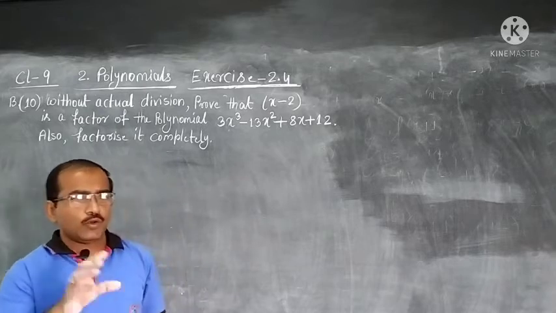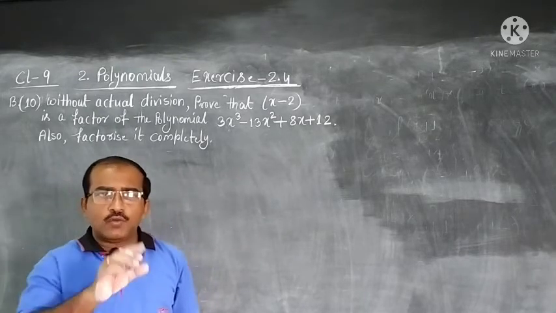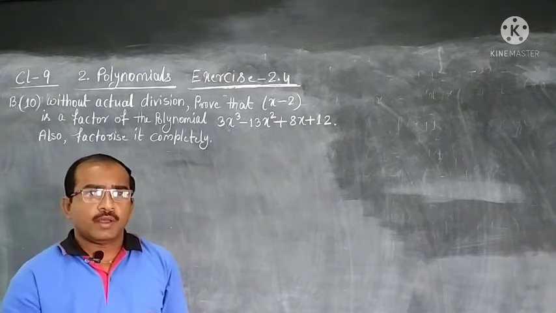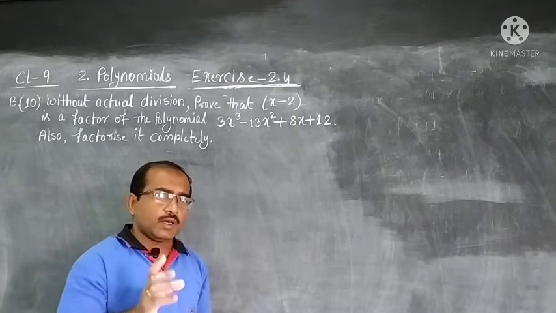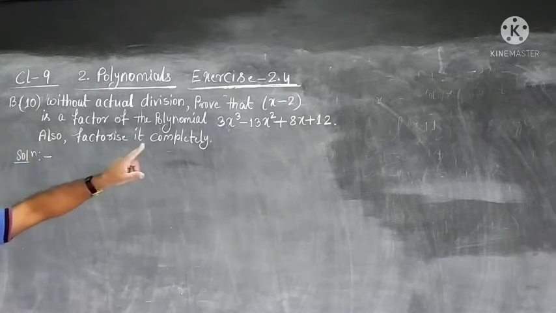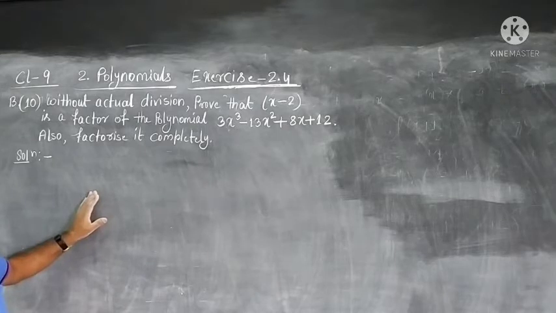So, you see this whole exercise, the solution is around that property. What is that property? Remainder theorem. So, we will start our work with that. We start how? To prove x minus 2 is a factor of Px, we are going to find the remainder.